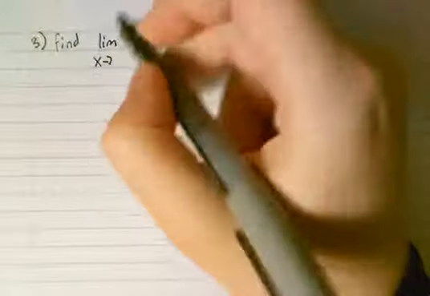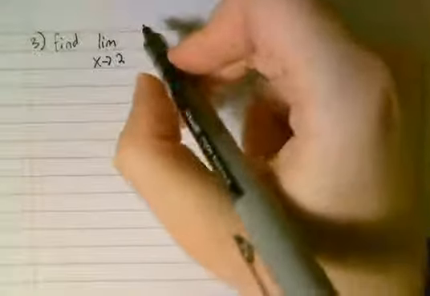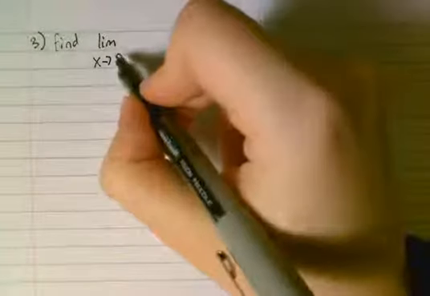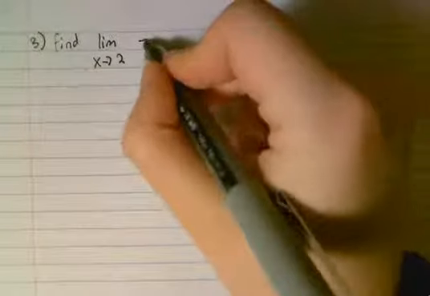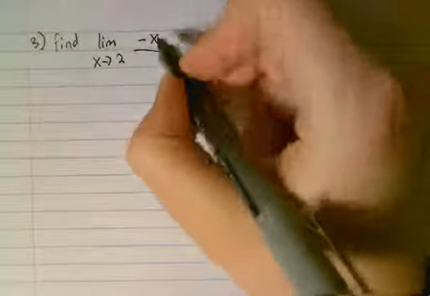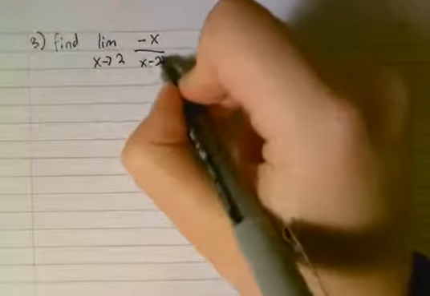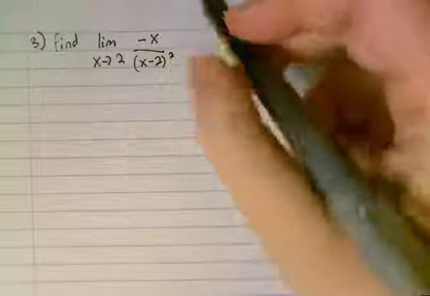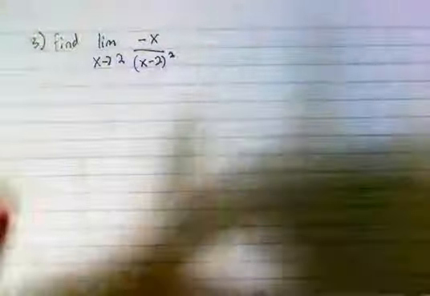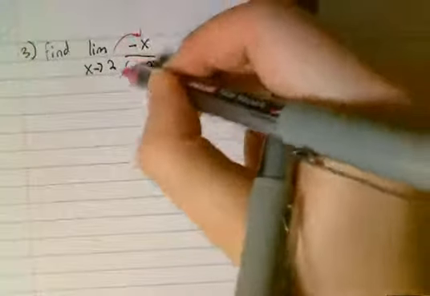Find the limit as x approaches 2 of negative x over x minus 2 quantity squared. So first thing we plug in, make sure it's to both x's.